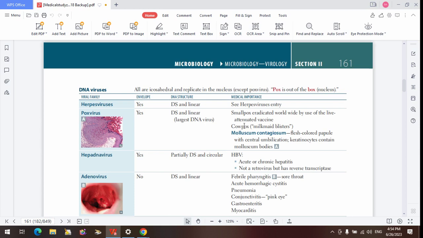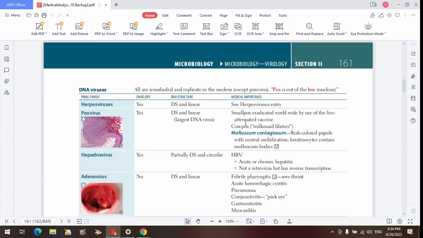No. Chickenpox is under the herpes. That is varicella. So smallpox has been eradicated, but it is believed that there are still some strains of smallpox in some labs in the US and maybe in some other Asian countries. But it has been eradicated, so we don't really need to focus on smallpox again.